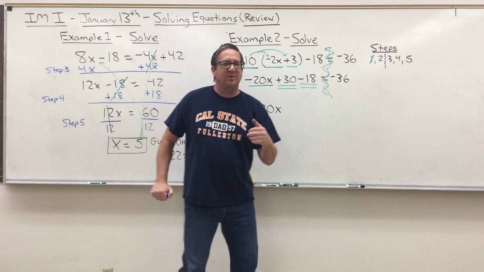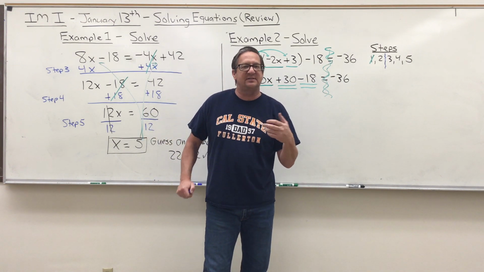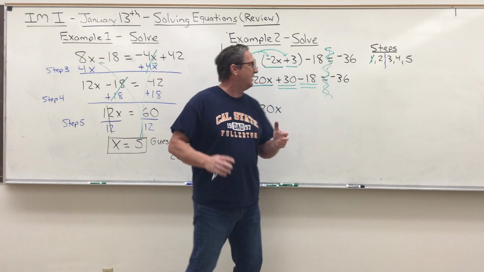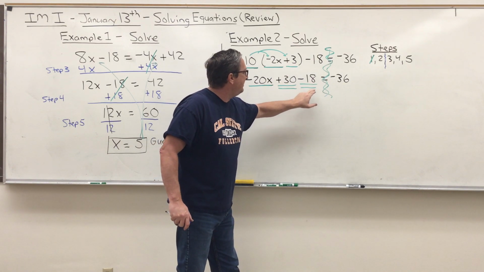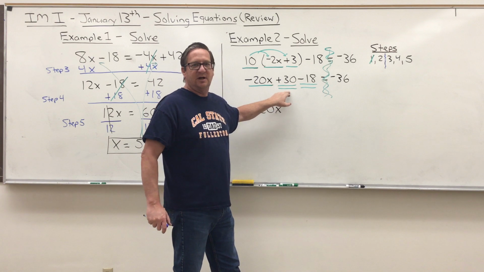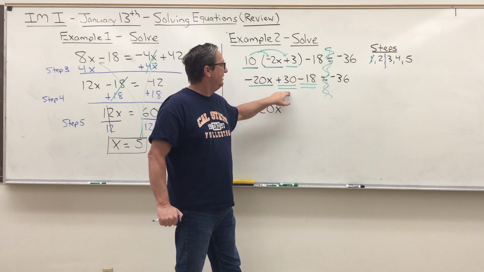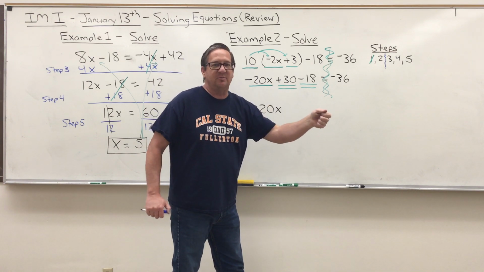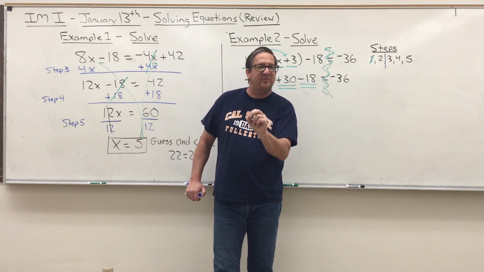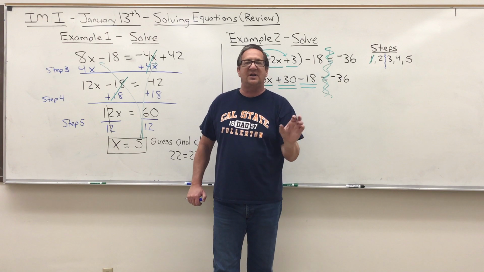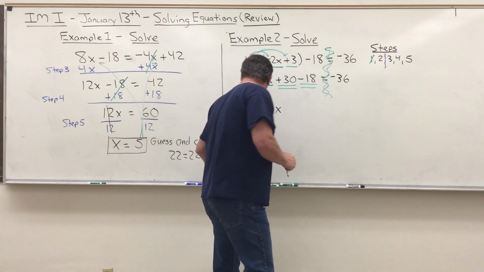This is the rookie mistake we make when we first start solving equations. Someone right now is thinking, am I supposed to add 18 to here and here? I thought we're supposed to do the opposite. Remember, that is step 3 and step 4, when we move from one side to the other, that's when we start doing opposites. This is just old-fashioned.